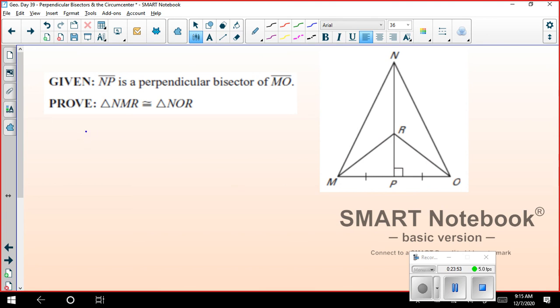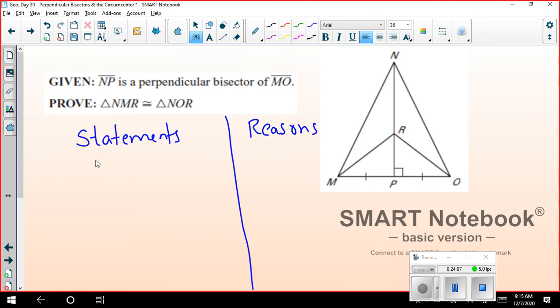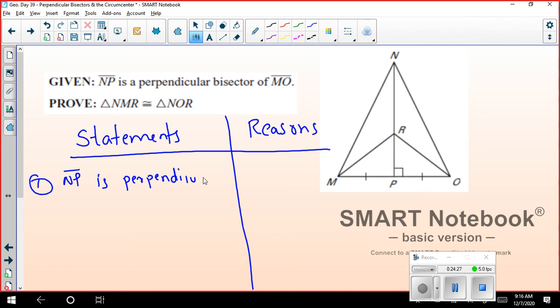I'll write the statements and reasons. I want you all to use chat. First step is always whatever is given: NP is the perpendicular bisector of MO, which was given.